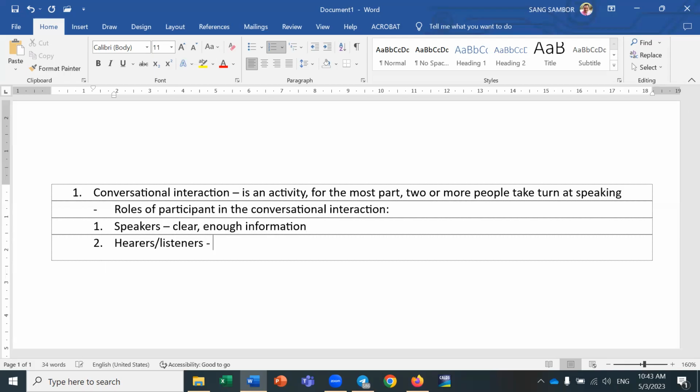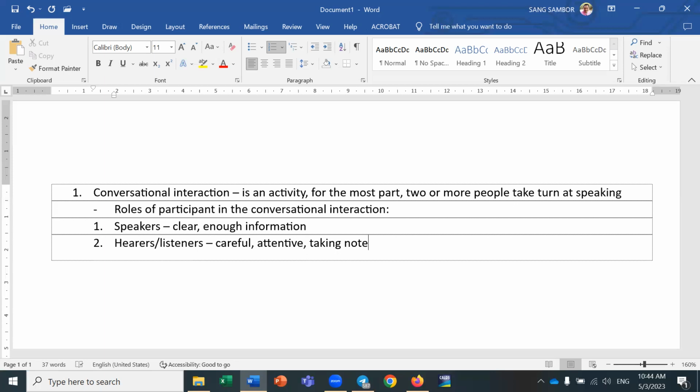The listener also, when they are taking their turns as the listener or the hearer, will need to listen carefully, be attentive, and also take note in order to understand what the speaker is talking about.